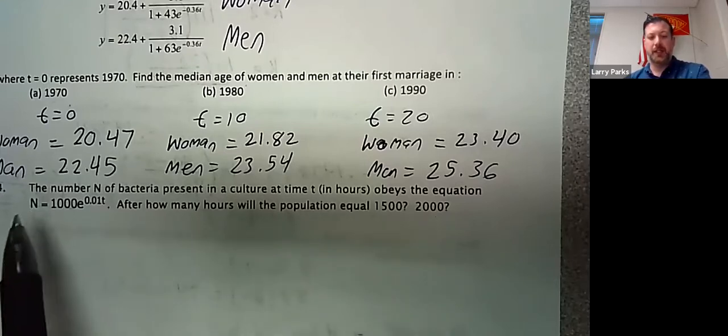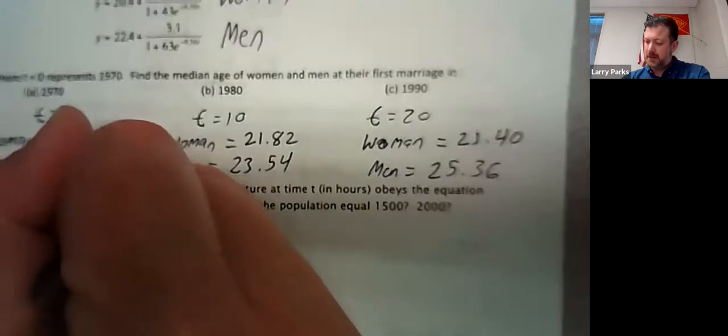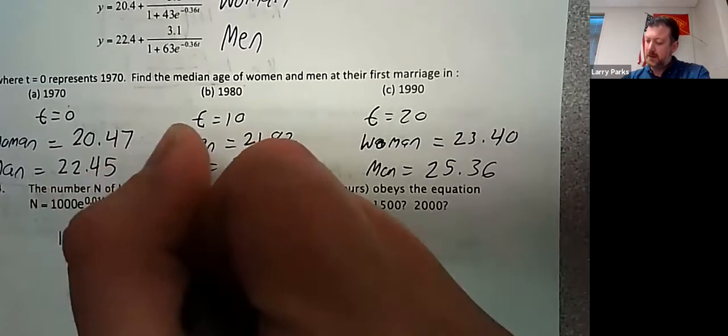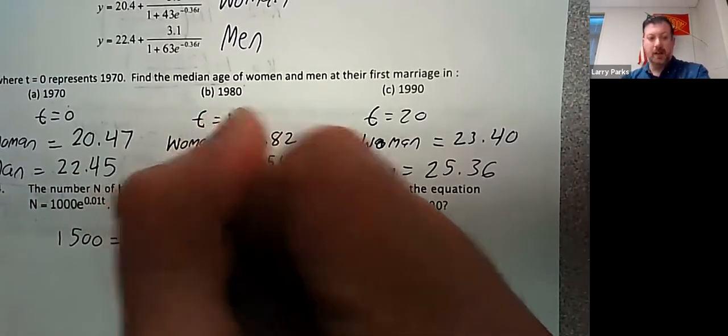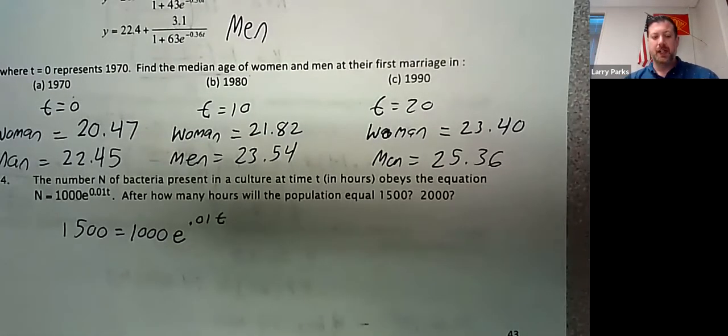So we want to know, when does N equal 1,500? So we have to solve that for t. If you wanted to, you could use natural logarithms, take the natural log of both sides, or you could type this in and see where they intersect.